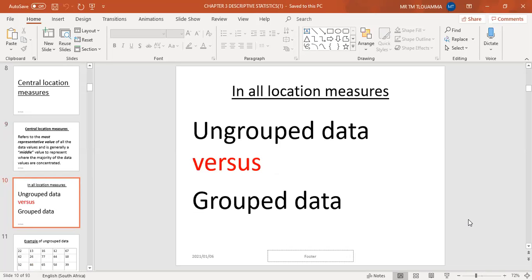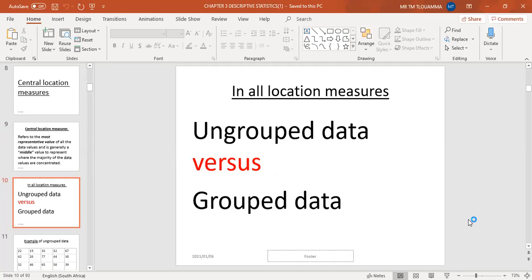In all those measures, either the central locations or the non-central locations, we're going to determine them in either of the two types of data. We all know that we have ungrouped data versus grouped data.